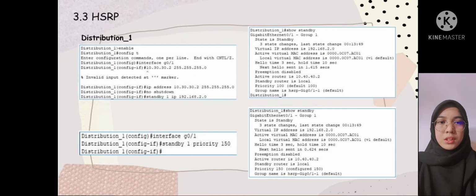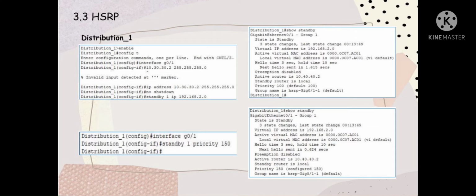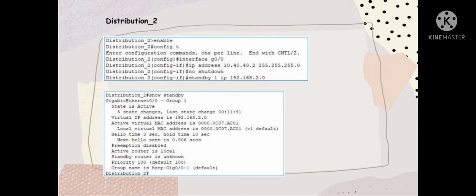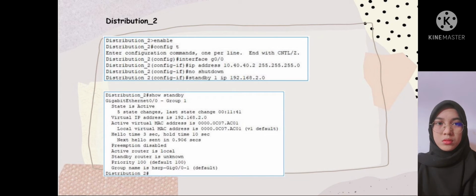We also configure the priority for interface G0/1, which is 150. For distribution 2, we configure the interface G0/0 with IP address 10.40.40.2 255.255.255.0, no shutdown, and standby 1 IP 192.168.2.0.